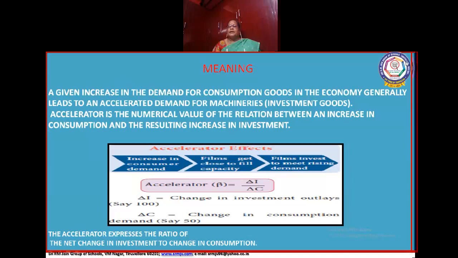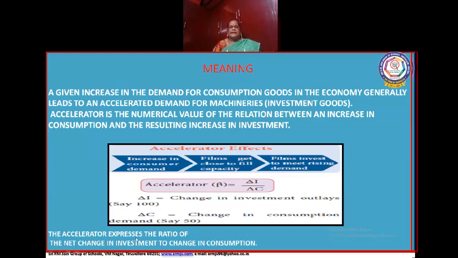What do we mean by triangle I? Triangle I refers to change in investment outlays. Triangle C refers to change in consumption demand. Okay, let us assume triangle I is 100 and triangle C is 50.